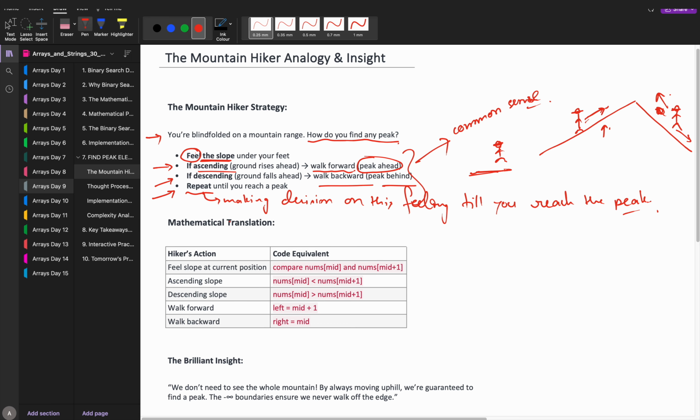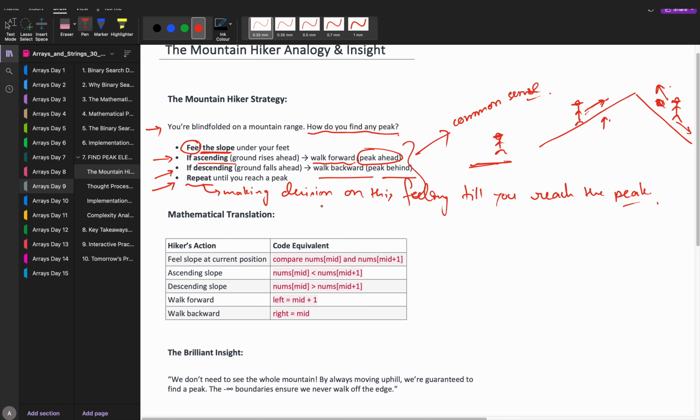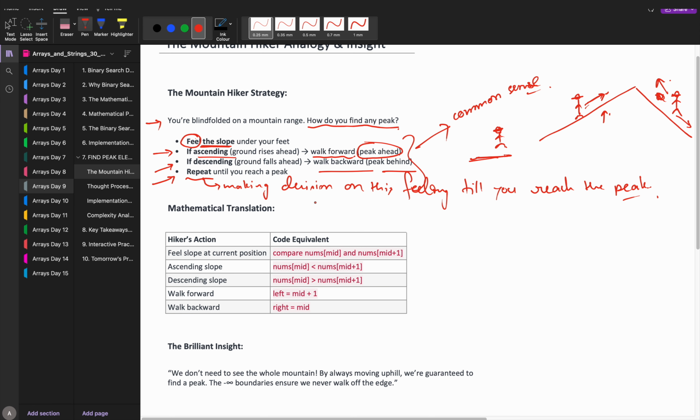Okay, what is the mathematical translation? How does binary search look here? Obviously now you can sense that there is a particular condition with which you are making a decision. Let's say you are at some random place, and the data is not gonna be in this format.